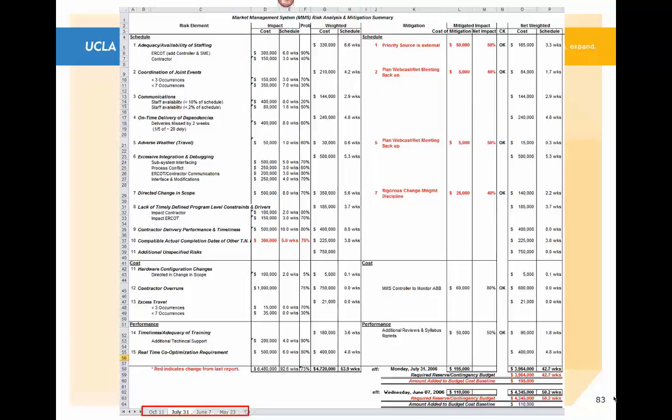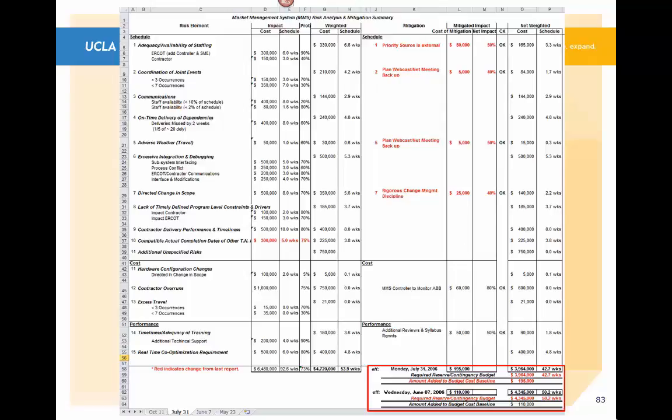In this update and review of our risk status and looking at risks, we notice that we're following the same legend of red indicating a change from the last report fundamentally. Also, we want to see taking more mitigation. I want to bring your attention right now to the lower right, because with this type of sheet, I keep the previous summaries so that we can actually see the progression, where we were before and where we are now.